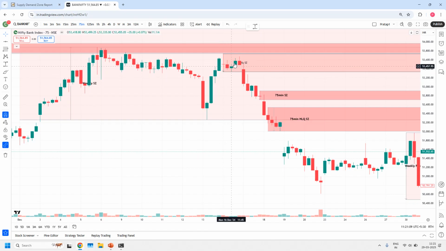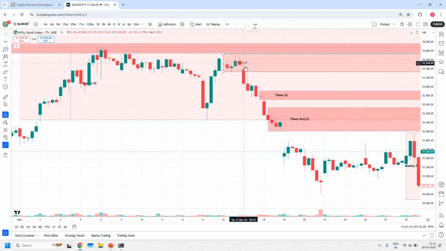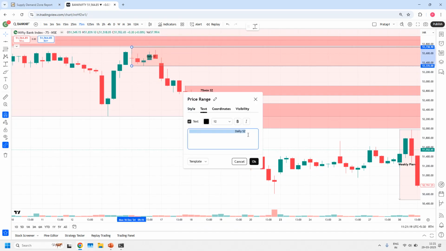After that, 1, 2, 3, 4, 5 base candles, and then a drop candle. So that means the same entire zone is not only a daily, it is also a 75 minutes supply zone. The point we have to understand: 75 and daily are almost the same.